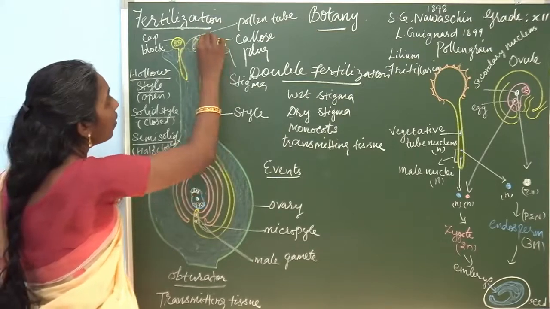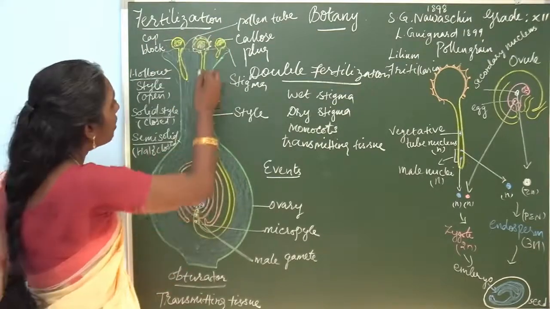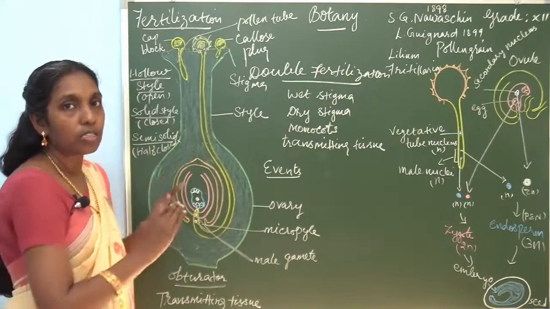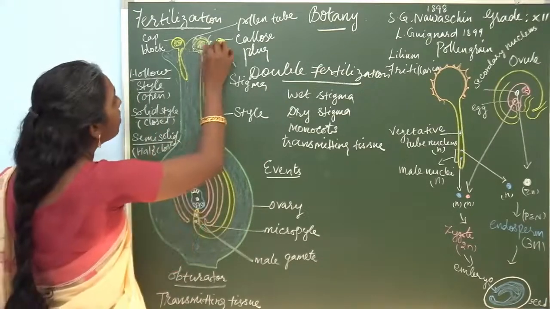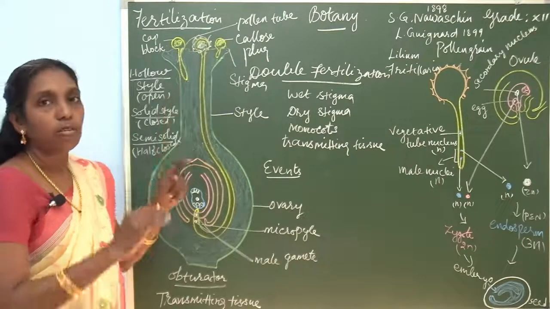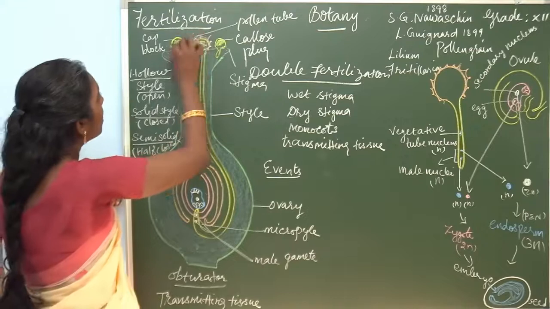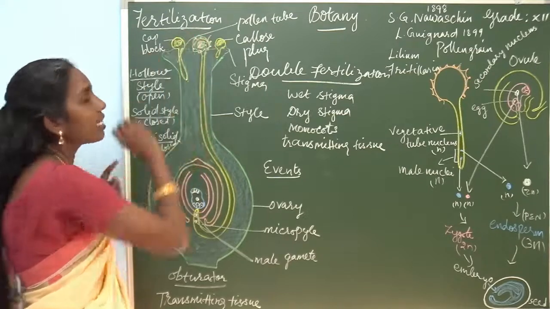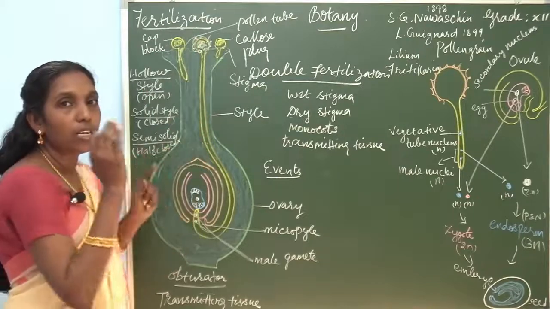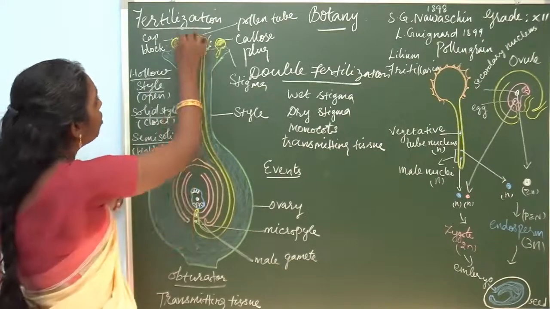The cytoplasmic content is deposited in the extreme tip of the pollen tube, and in the remaining part of the pollen tube there is a vacuole. This vacuole is cut off from the callose plug, and now the tip part is called the cap block, the tip of the pollen tube.